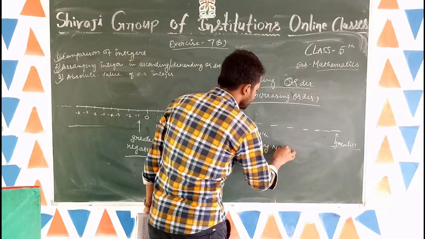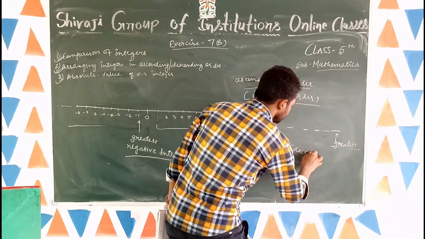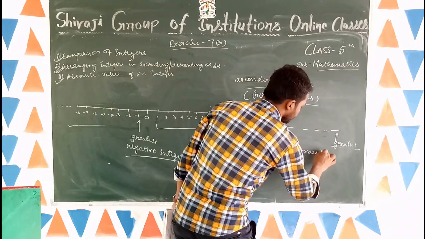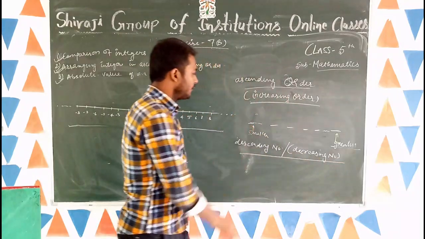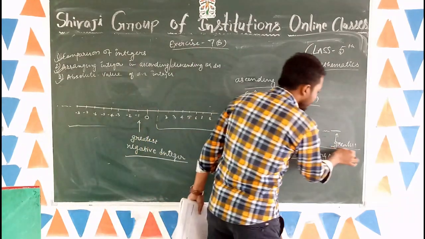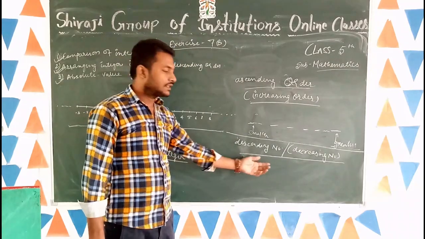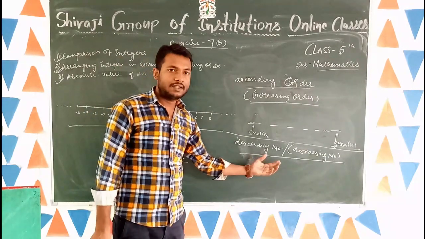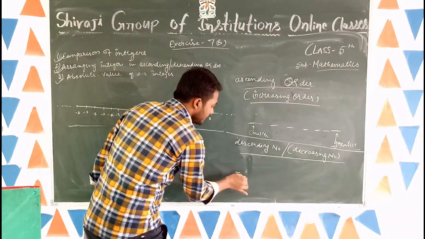In the case of descending order, it is also called decreasing order. So this is a series of numbers, and in this series we have to find which number is greater or which is smaller, and we have to arrange this series in decreasing order.